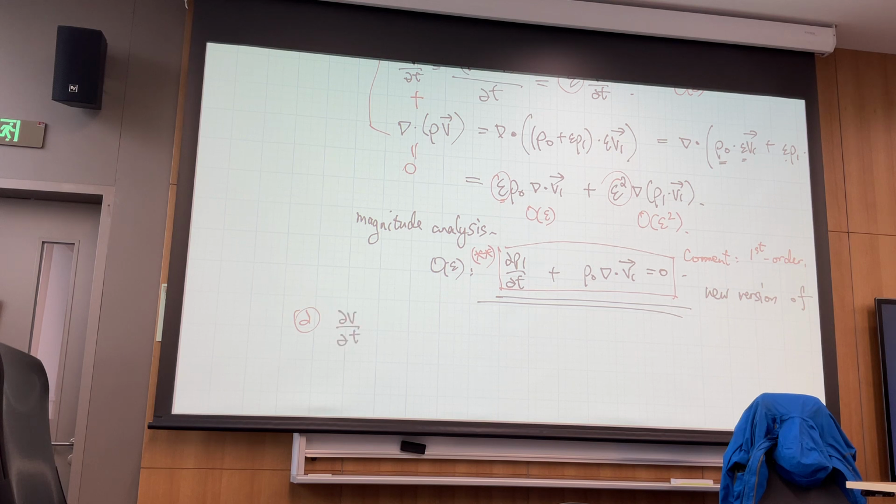Again, partial v over partial t plus the dot product of v with the gradient, applied to v, plus 1 over rho times the gradient of P, equals F. This is my equation of velocity.